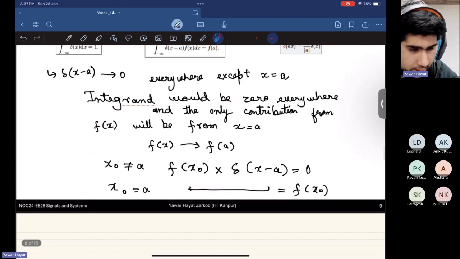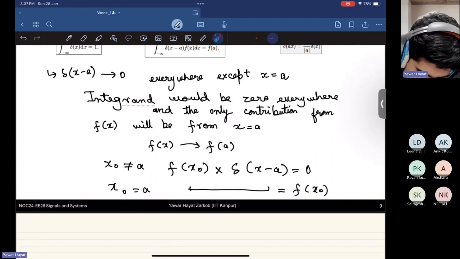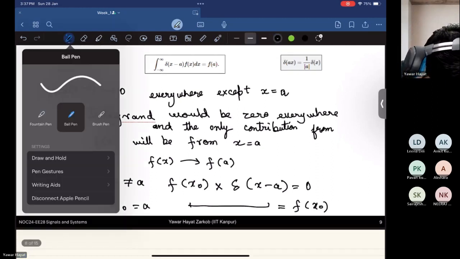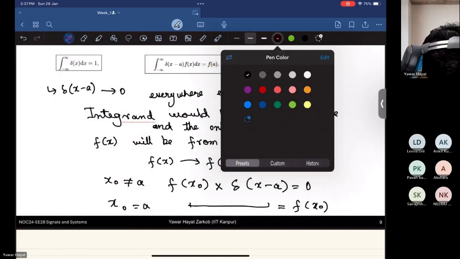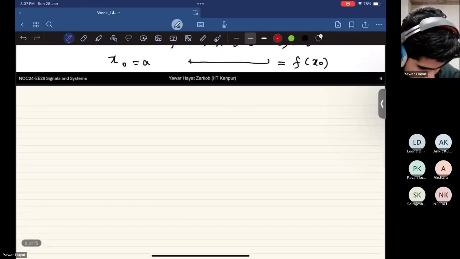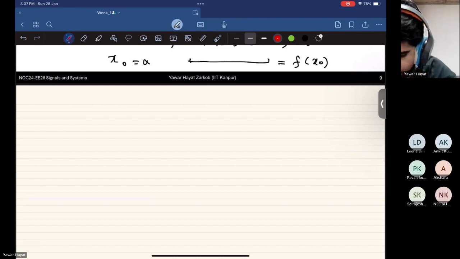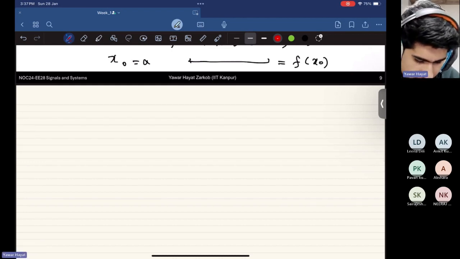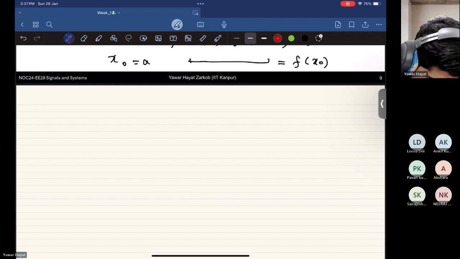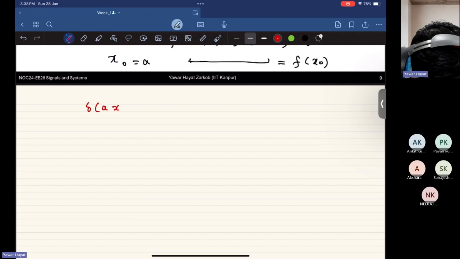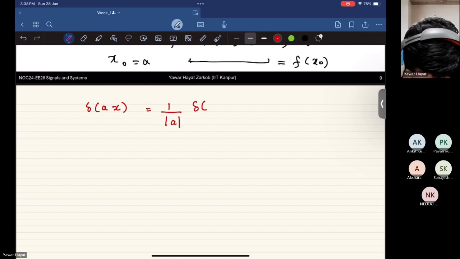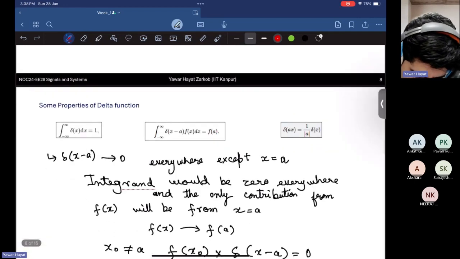Okay, let me now prove this one. The property that we are interested in is delta of ax is 1 by modulus of a times delta of x, right?